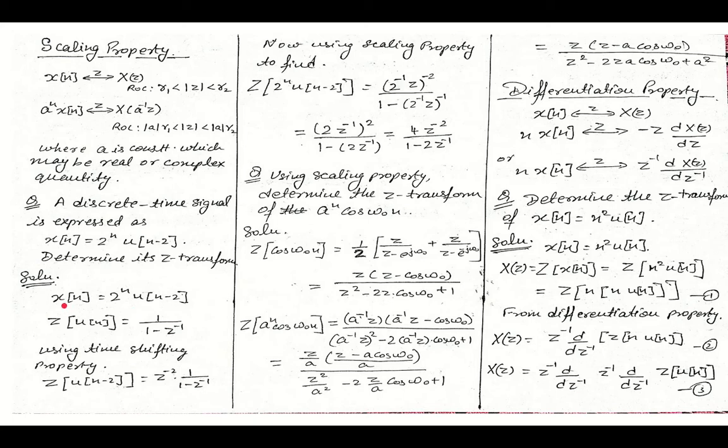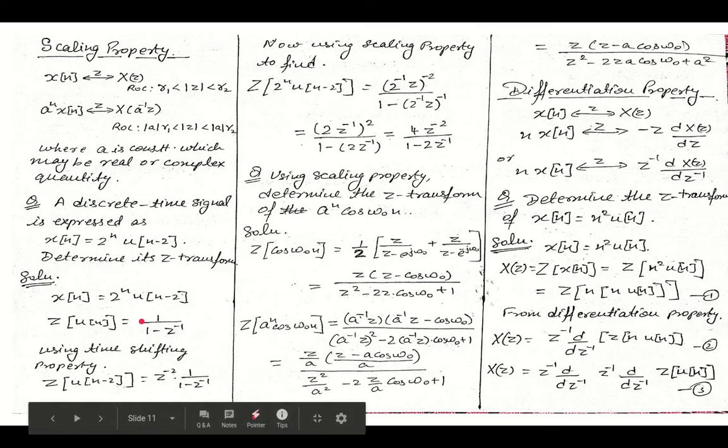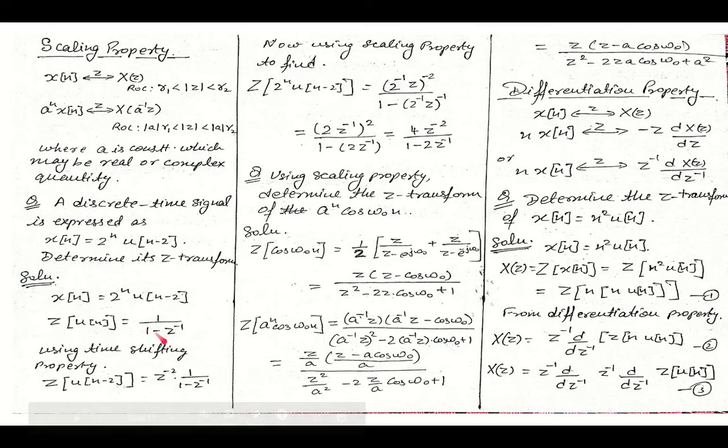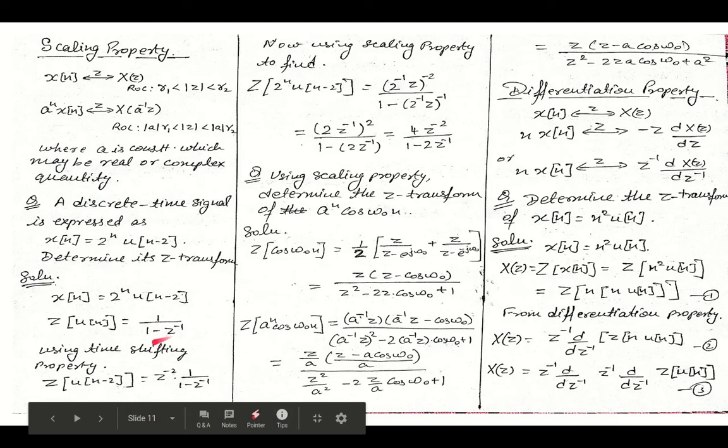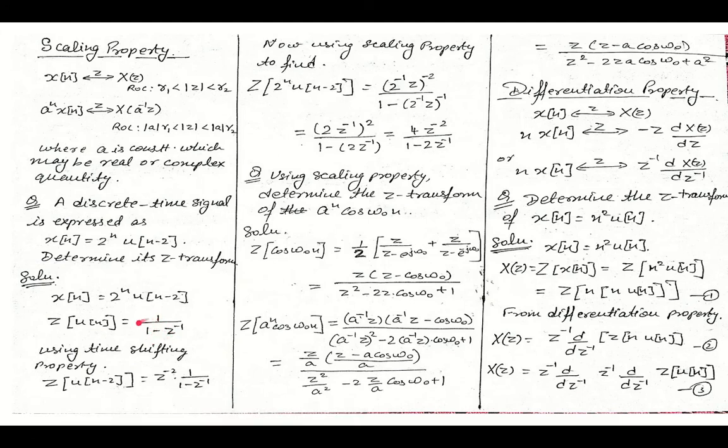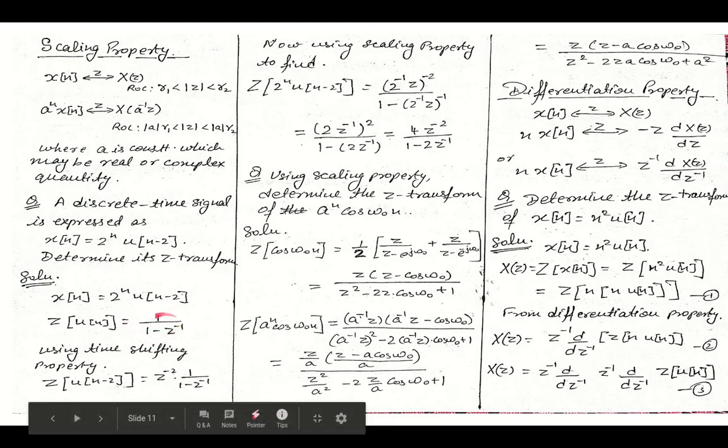So in this x[n], u[n-2] is nothing but the time shifted version of u[n]. We know that the Z transform of u[n] is given as 1 upon 1 minus Z inverse. Sometimes, if we take the LCM, we can have it as Z upon Z minus 1. Both are basically the same thing.